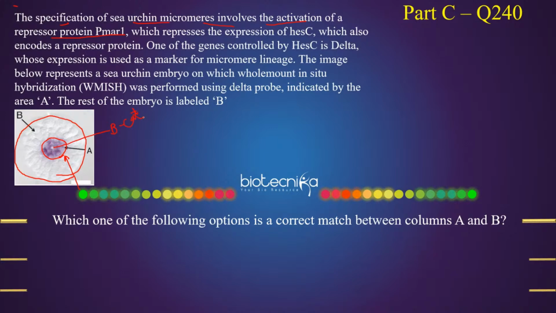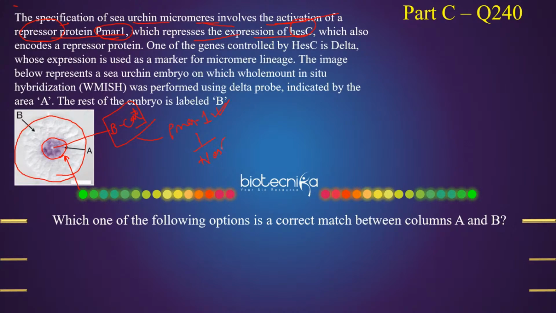Now, this specification of the micromere involves activation of a PMAR protein. So beta cat will activate PMAR. Wherever beta cat is present, that is in micromeres, PMAR is activated. PMAR is a repressor protein and it represses the expression of HESC.